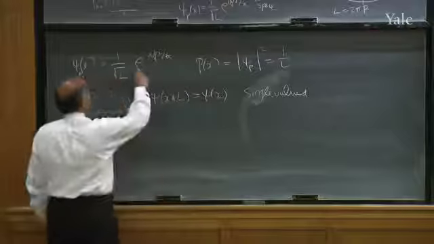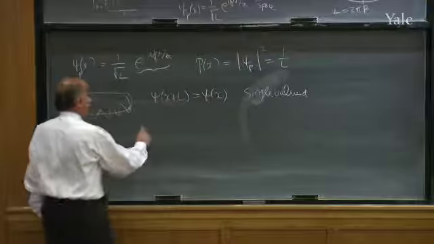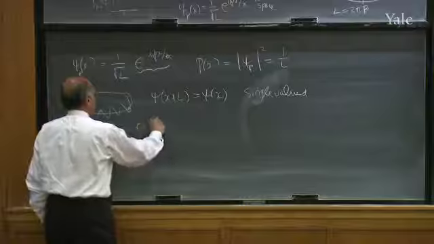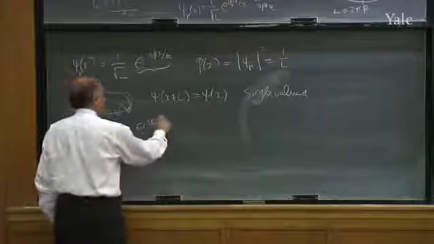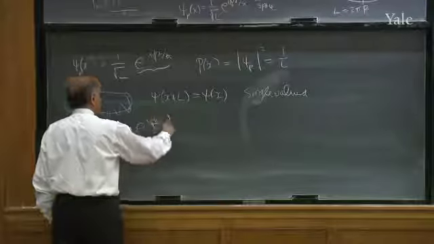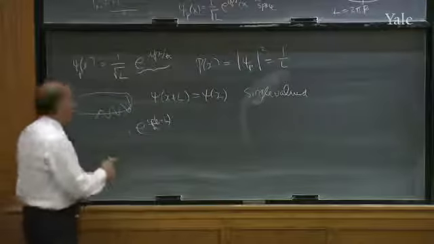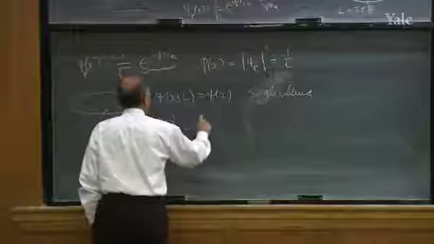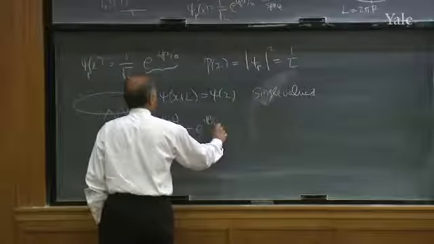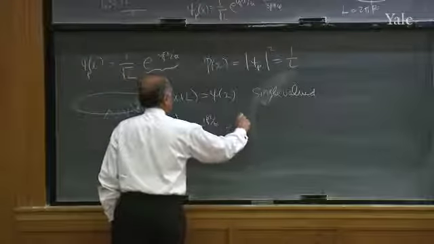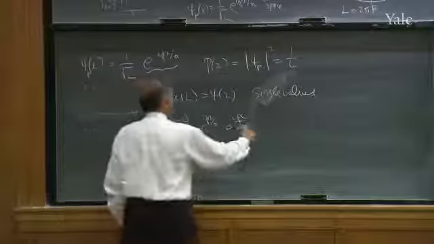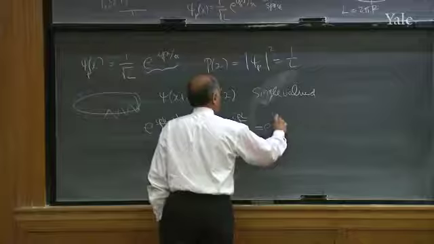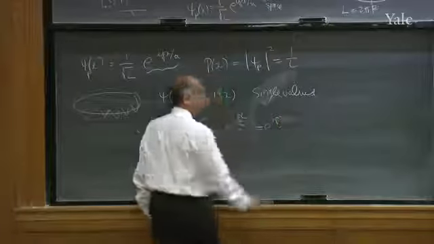So that means in this function, if I take it at some point x, e to the ipx, and then I add to it L, namely, I'm getting e to the ipx over h bar times e to the ipL over h bar. That has to agree with the starting value, which is e to the ipx over h bar.